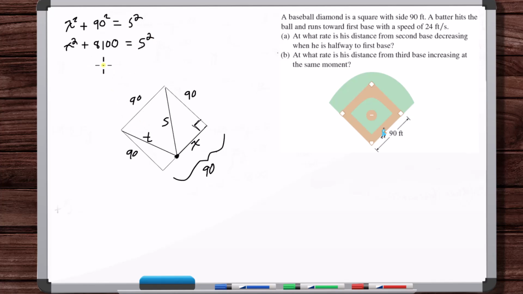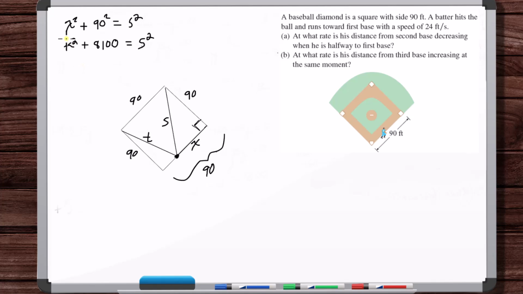So there's our equation that relates X to S, but we're looking for the rate of change of S. That's what we want to know: the rate of change of the distance of the player from second base, that straight line distance as he runs up the first base line. So we're looking for dS/dt.